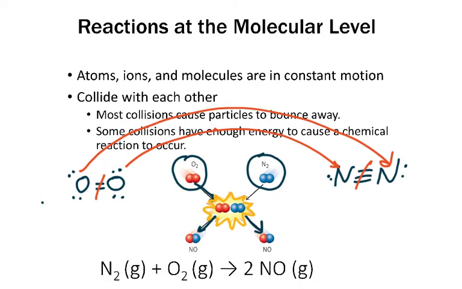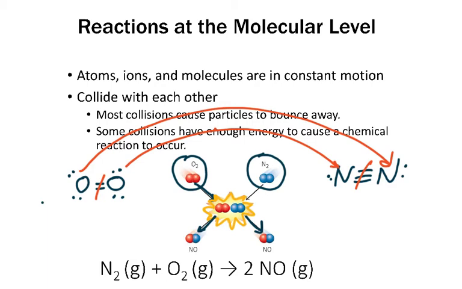But in any kind of reaction, you have to think that the molecules that are reacting have to come into the same space together. They have to interact. They have to come into contact in order to actually initiate this chemical reaction. So one way that happens is a collision with energy and the correct orientation as well.